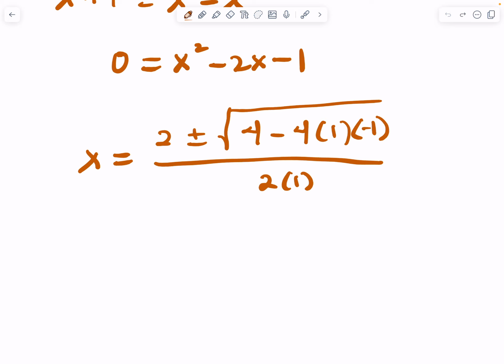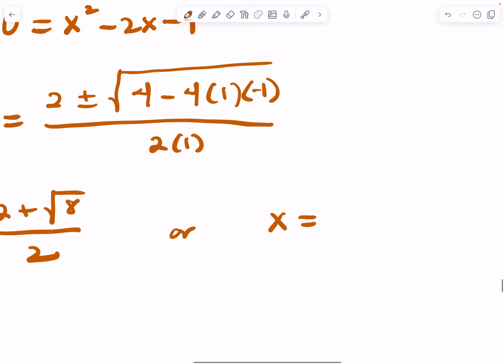Okay, I'm going to split that. So we would have x equals 2 plus the square root of 8 over 2, or x equals 2 minus the square root of 8 over 2.